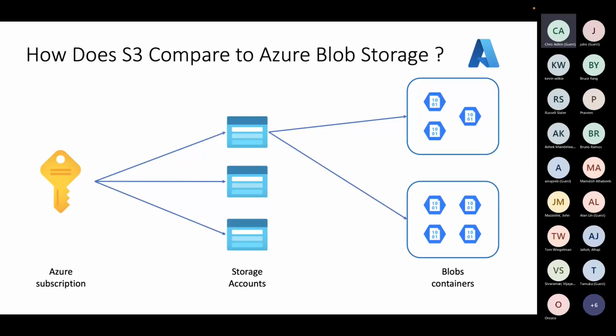In the world of S3, things are incredibly flat. You have a subscription, you create a user, you have a user associated with your subscription by default, and there are two key pieces of information that you use for accessing S3: an access key ID and an access key secret.